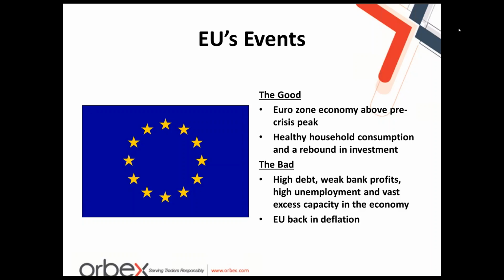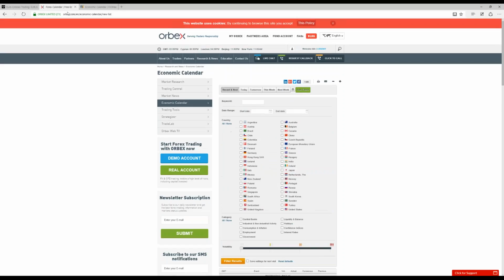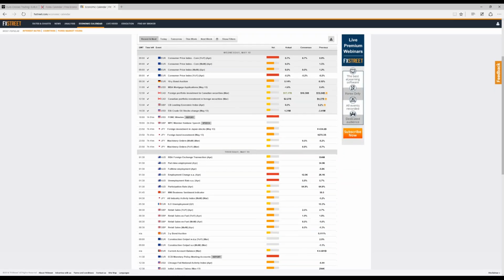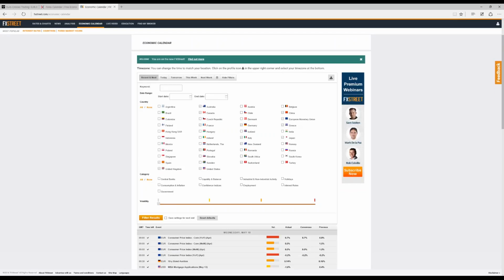I'm going to take a look at our economic calendar here on Orbex.com. When we go to the economic calendar, we can filter. What we can do is filter only for Europe, so we click on none.